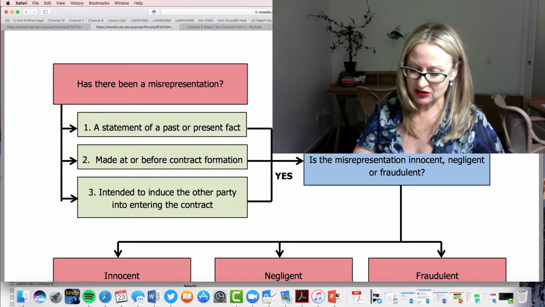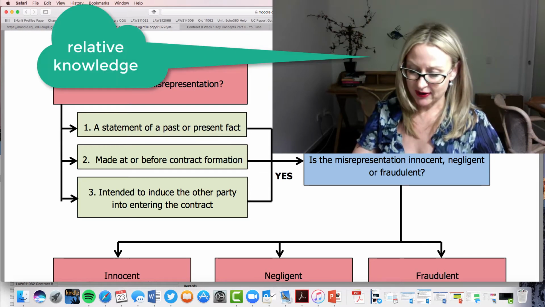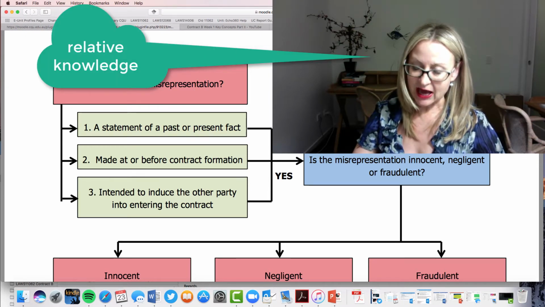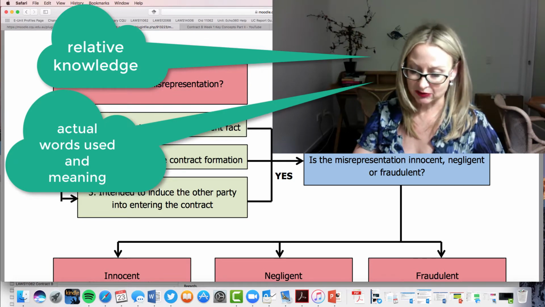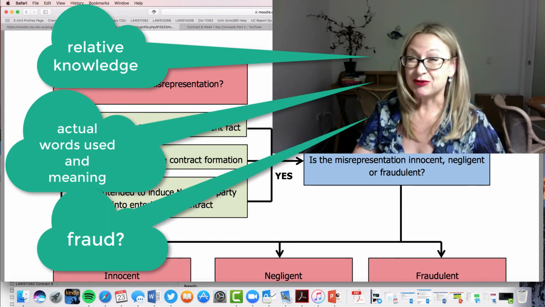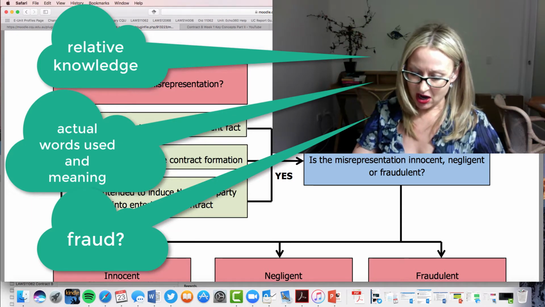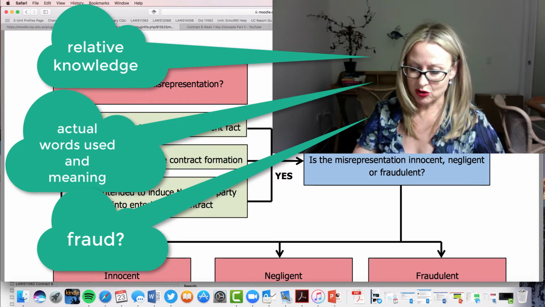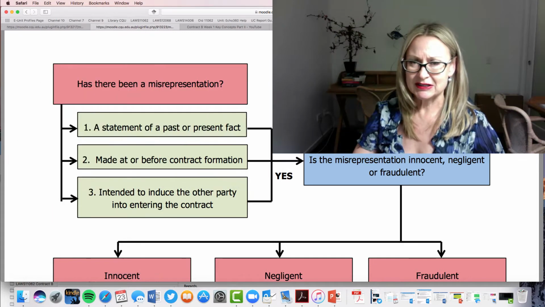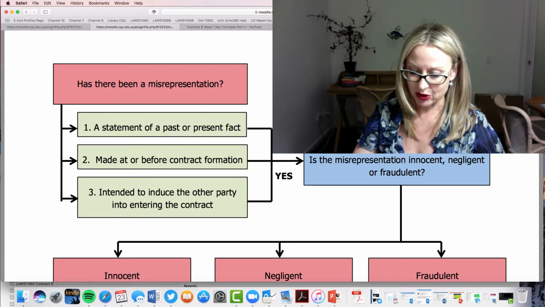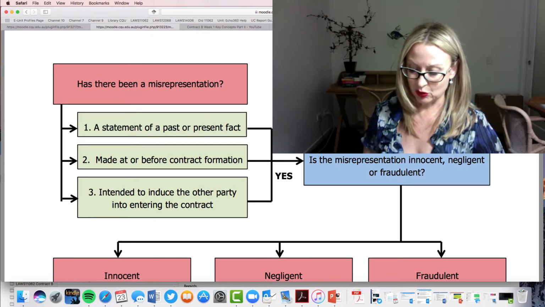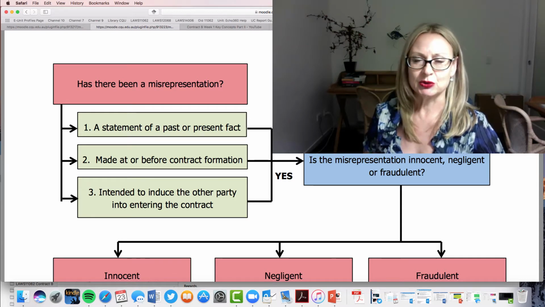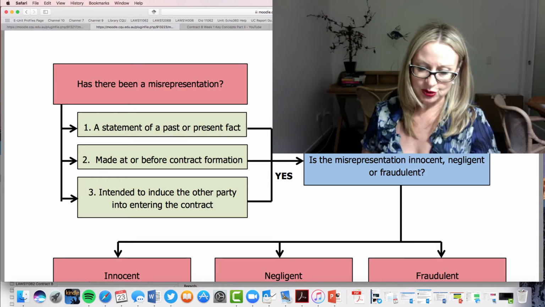Particularly, they look at things like the relative knowledge and position of each of the parties, the actual words used and the meaning of those words, whether there's any fraud hovering around in the wings there, and whether or not the opinion was stated, no matter how erroneous it was. And Bissett and Wilkinson is the case. I will leave you to explore that on your own.